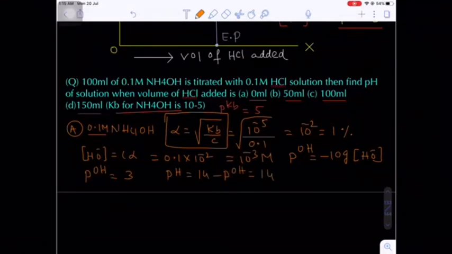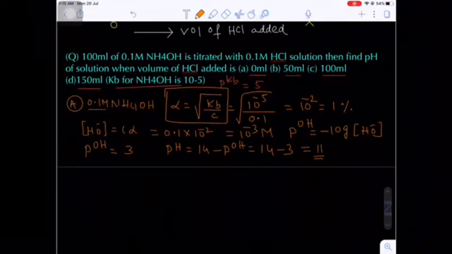So from here, what is the pH value? It is equal to 14 minus pOH. Okay, 14 minus 3, that is 11. So this is the initial pH when 0 ml of HCl is added.